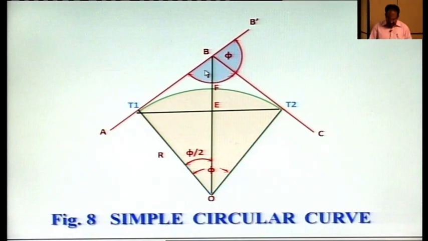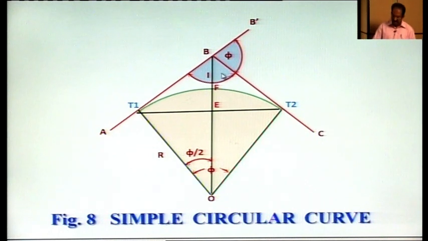Third part is when the curve deflects to the right side of the progress of survey, it is termed a right handed curve. That is, we are going from A to B and the curve deflects toward the right side of the progress of survey, as is shown on your monitor screen.